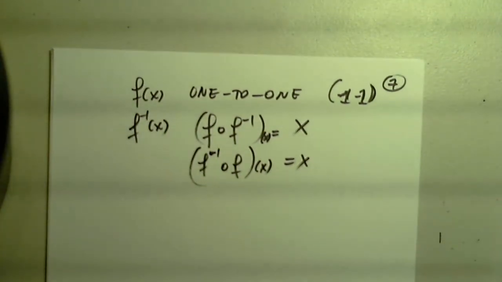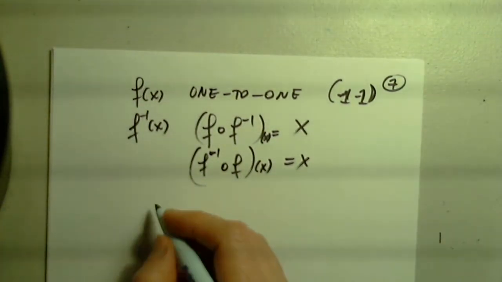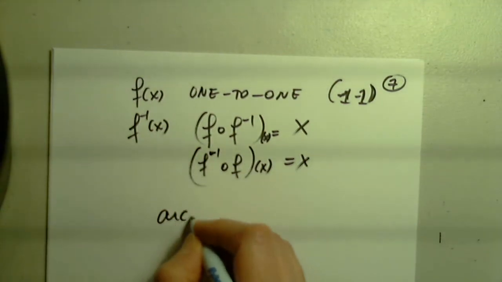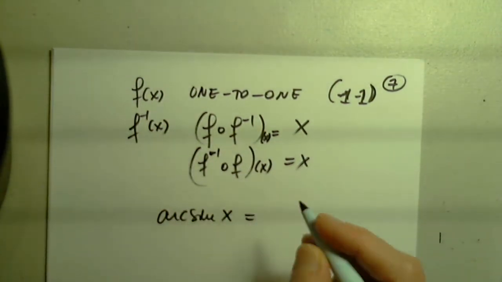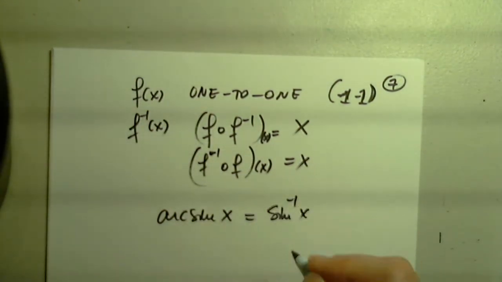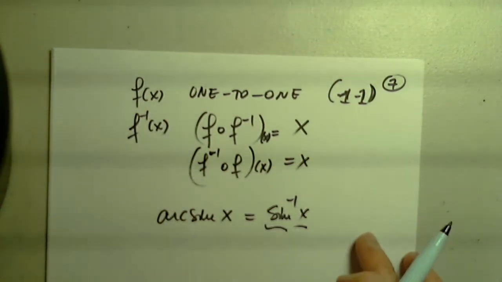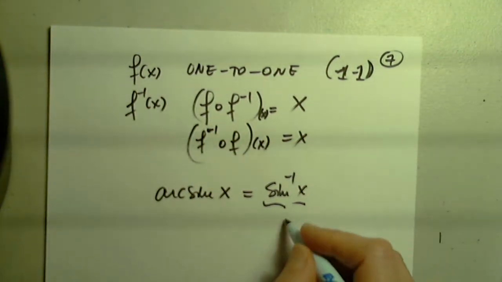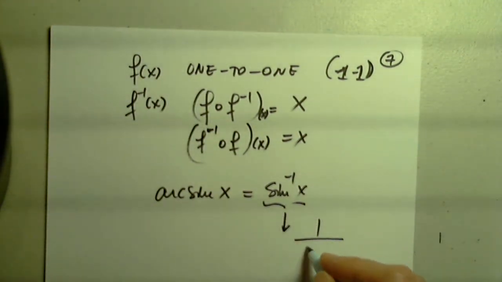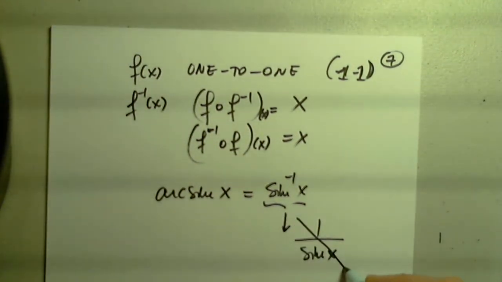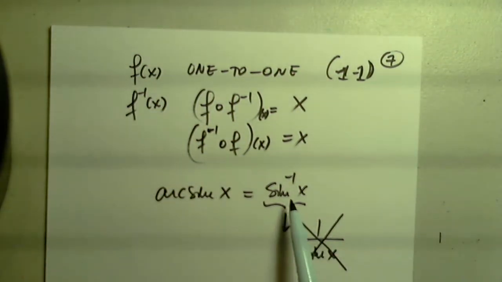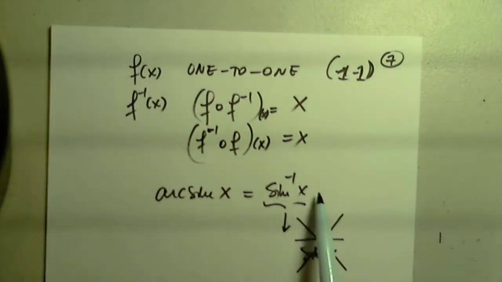And the same thing happens with the trig functions. So the arc sine x is the same as sine inverse x. I don't like to write it like this, although the calculator has this, not the arc sine, because some students think that this is 1 over sine, which it is not. This only says the inverse sine, the inverse function of sine.